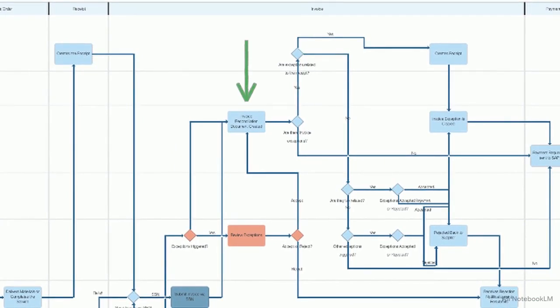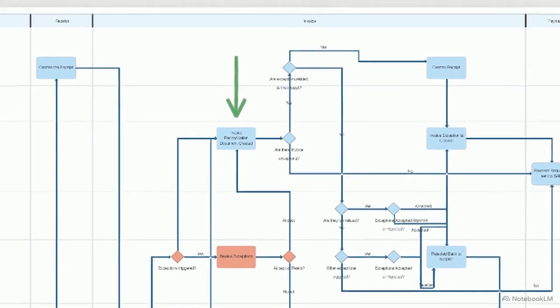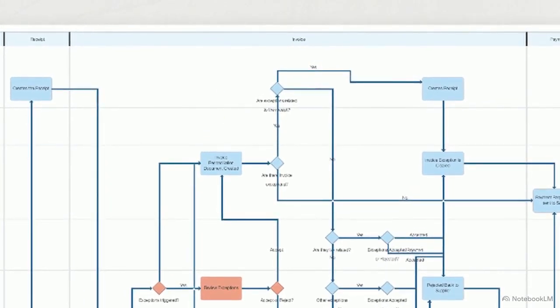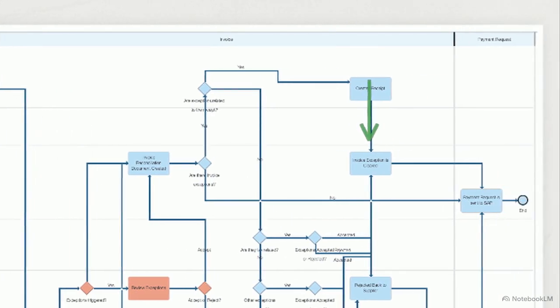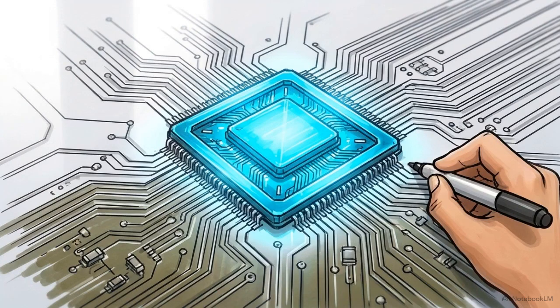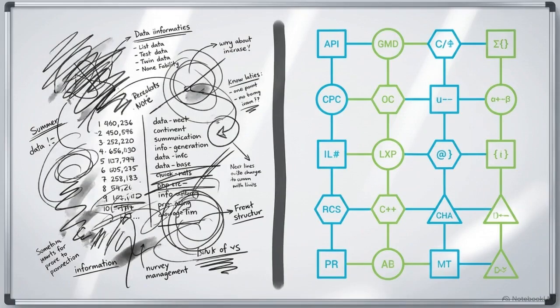Once the invoice reconciliation document is created, the ingested invoice hits a series of central decision gates. If the system detects an anomaly, the workflow halts here, at the node where an invoice exception is created. The overall flowchart is sprawling, but the operational reality comes down to the specific math executed inside that single exception node.